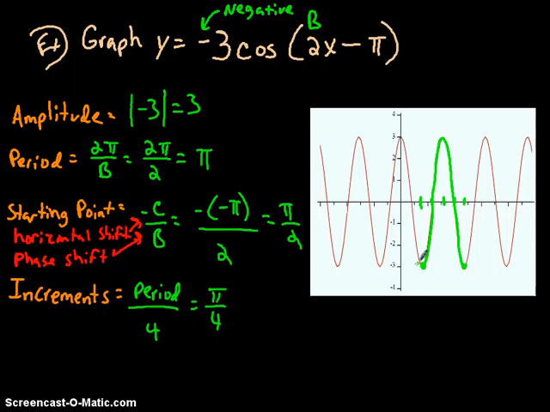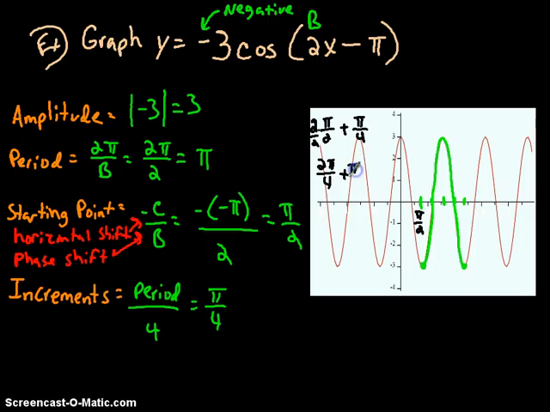Those increments, if you started here, which is pi over 2, each increment is pi over 4 from the last. So you basically take pi over 2 and add pi over 4 to it. To give them the same denominators, multiply pi over 2 by 2 over 2, making it 2 pi over 4.